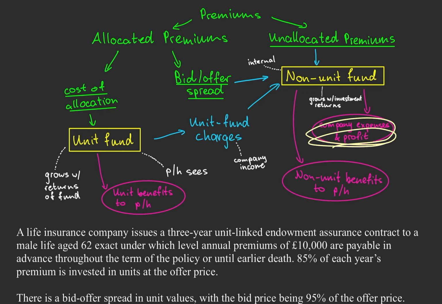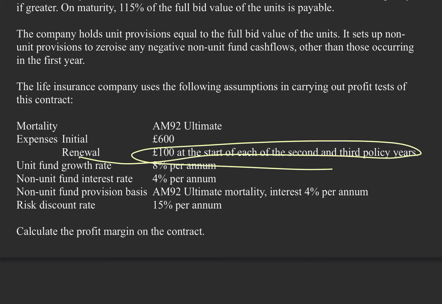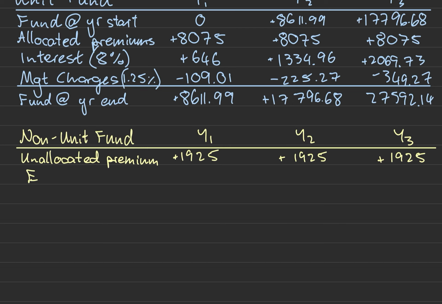But these company expenses and profit, those happen at the beginning of the year. See here, initial expenses 600, and then my renewal 100 at the start of each of the second and third policy years. So here then I have expenses, and here it's minus 600, here minus 100, and here minus 100. Now I do my interest.